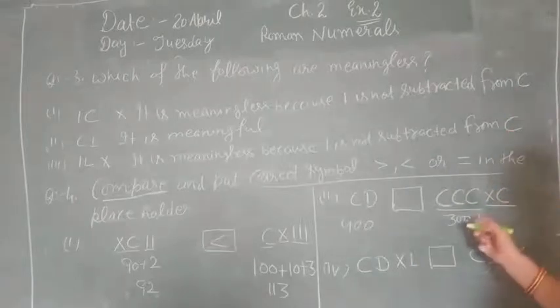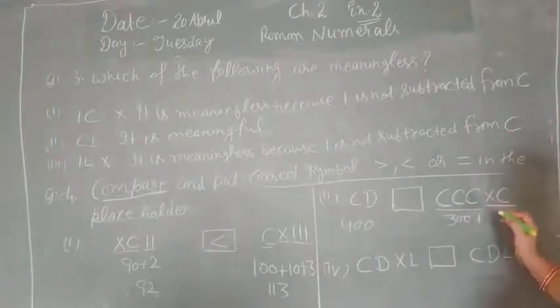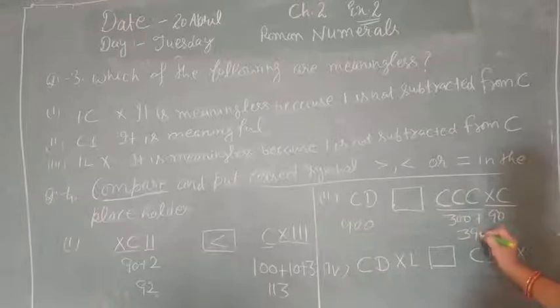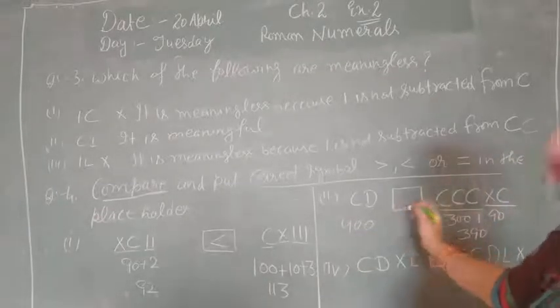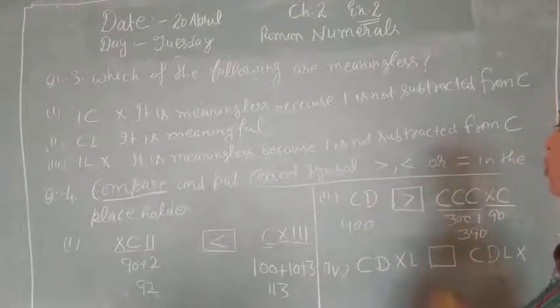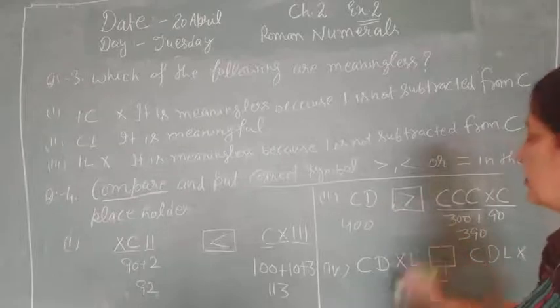So after subtracting 10 from 100 we get 90. Now we see that our number is 390. And here is 400. Now we see that 400 is greater than 390. So we have to put this symbol.